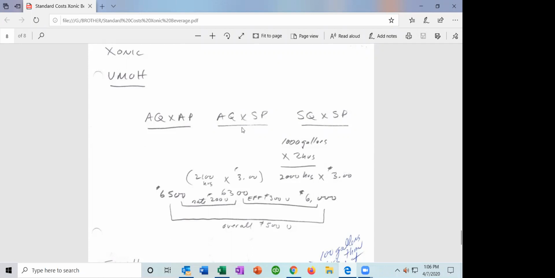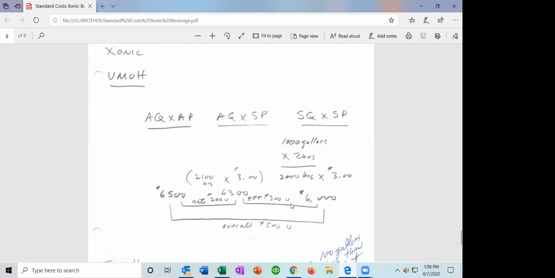How did that come about? We want to look at the middle column. Actual quantity times standard price. The actual hours come from our direct labor variance, 2,100 hours. The standard price is still the predetermined overhead rate at $3. Middle column is $6,300. You have a rate variance and an efficiency variance.